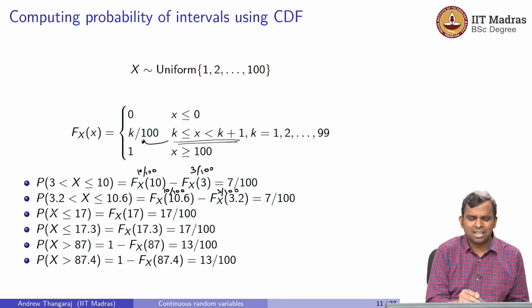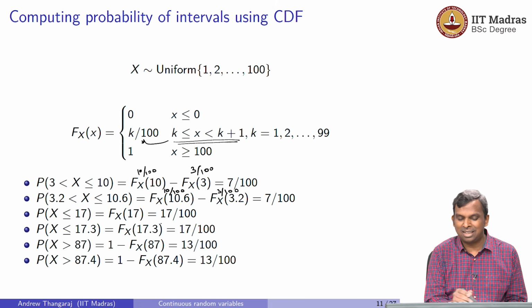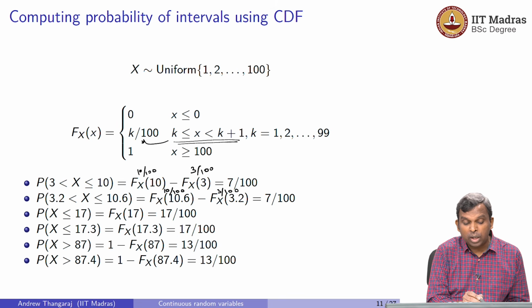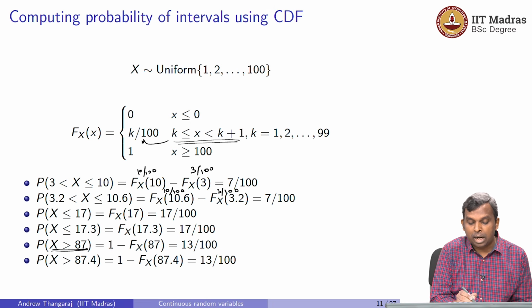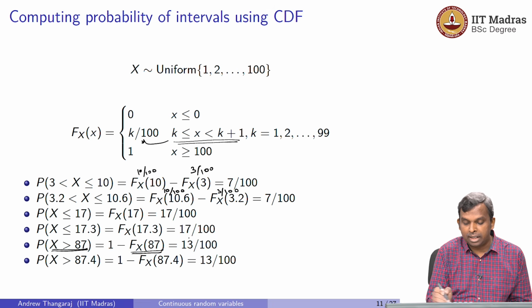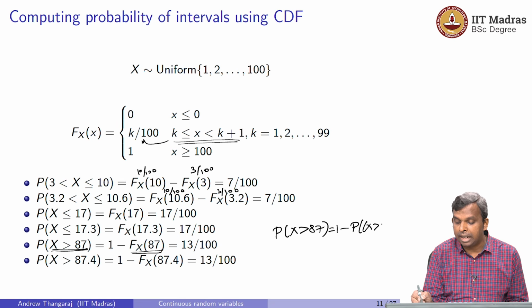You can also do other ranges, like if X is less than or equal to 17. If you do not put anything on this side, you can take minus infinity there, and that is just F_X of 17, you will get 17 by 100. So, this is just the direct formula. You can also do X greater than 87. Notice what I have done here: probability that X is greater than 87 is 1 minus the probability of its complement.